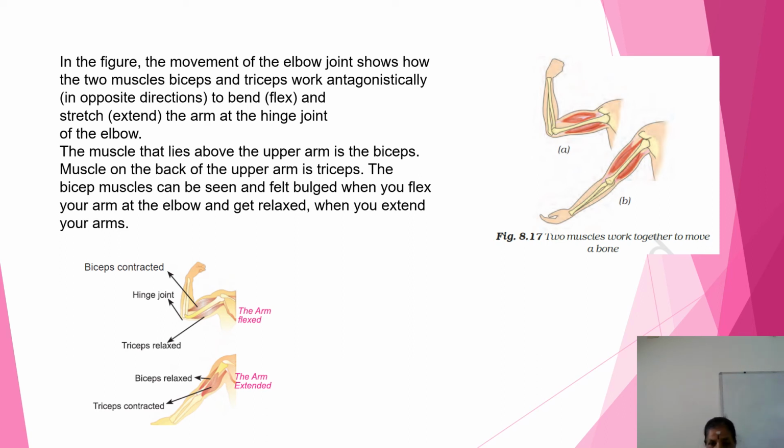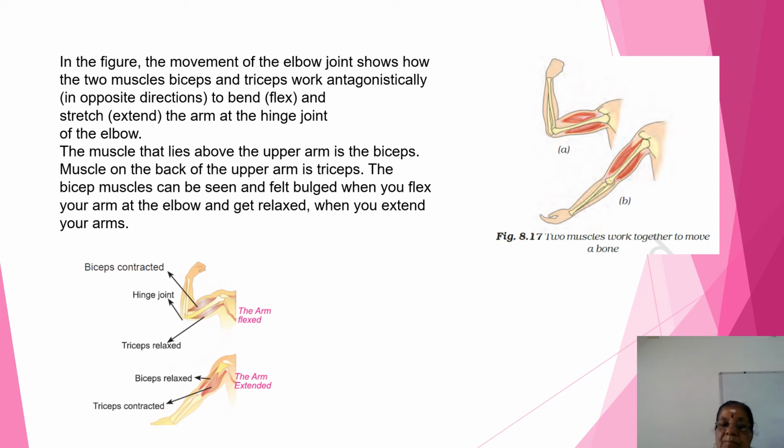Biceps வந்து two bundles of muscles, whereas triceps வந்து three bundles of muscles. I hope you understand. So this is for muscles contract and relaxation.